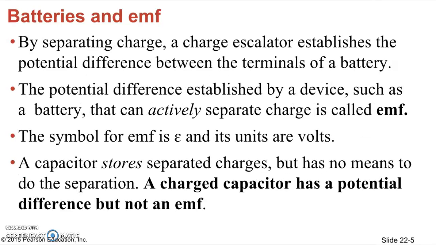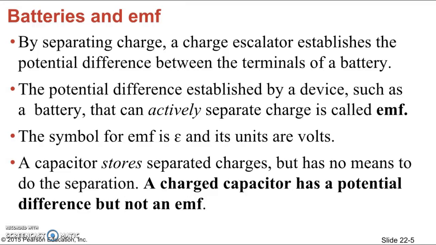Now, because these batteries actively separate charges, we call a battery a source of EMF, or electromotive force. The symbol for EMF is the Greek letter epsilon. It's a curly capital E. That's what EMF is.